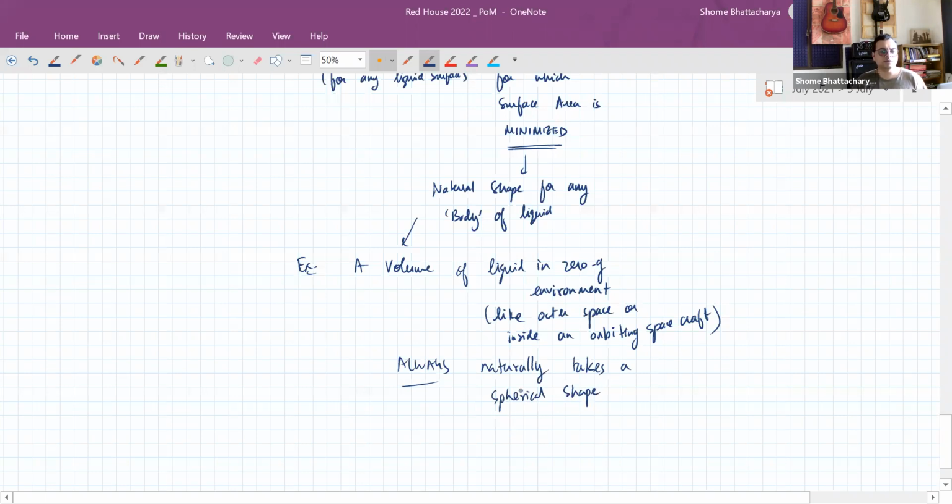So liquid will just appear like a ball of liquid, instead of falling to the floor and spreading out. Because the spherical shape has minimum surface area to volume ratio, a given volume of liquid has its minimum surface area when arranged into a spherical shape.